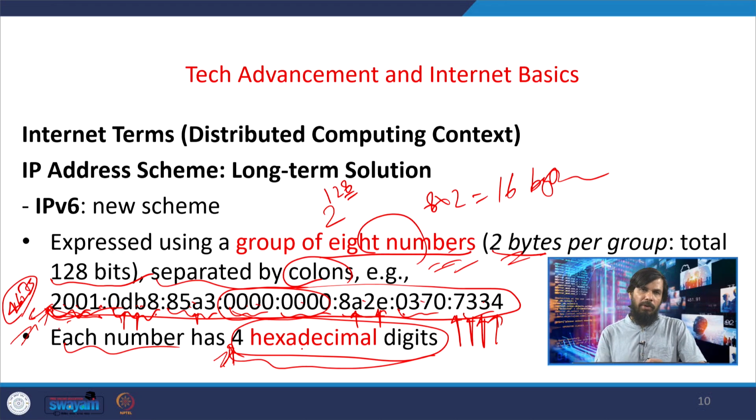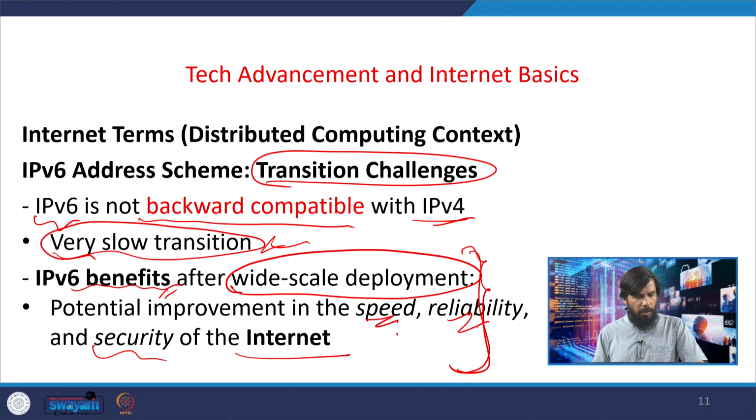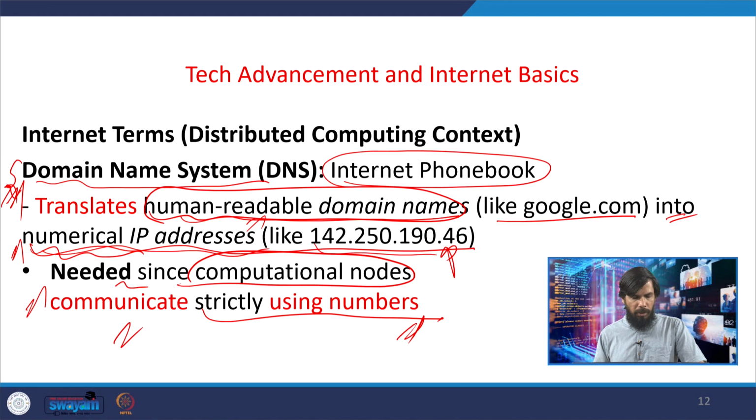In case of IPv4 those were decimal digits, in case of IPv6 these are hexadecimal digits. So this is how an IPv6 address looks. Then the transition challenges, the lack of backward compatibility we talked about, and still we are yet to make the transition.